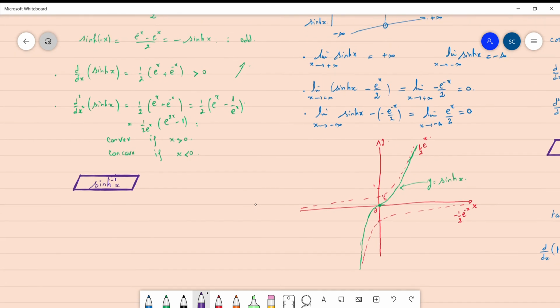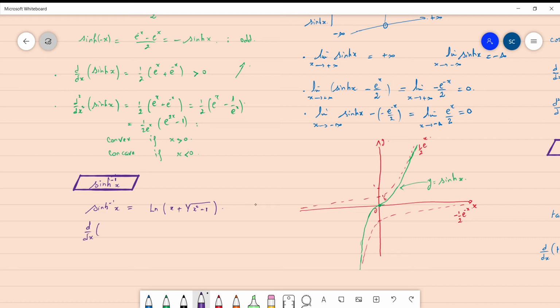Okay, so the inverse sine hyperbolic, we show that it has the formula ln of x plus square root of x squared plus 1. One remark first, the derivative.